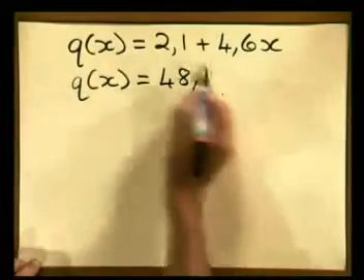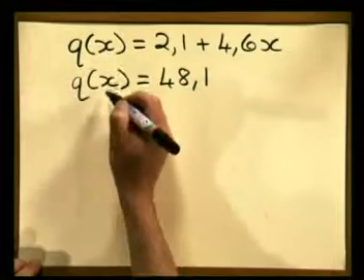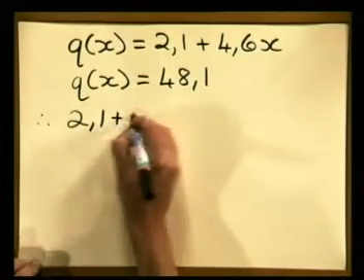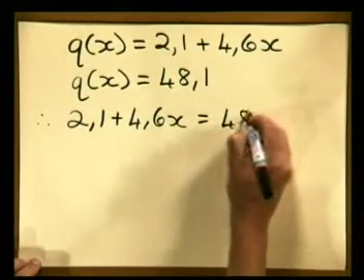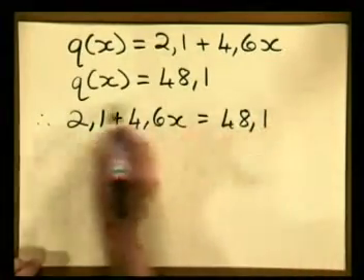We have been given our output value. But now in both of these formulae, Q of X is the same. So we can therefore say that 2,1 plus 4,6 multiplied by X is equal to 48,1. So I simply now need to solve for X in this equation.